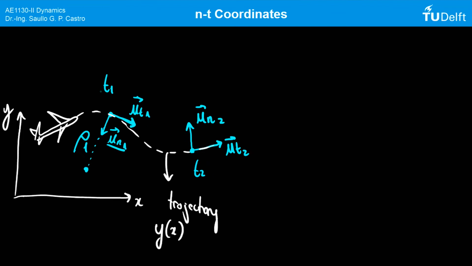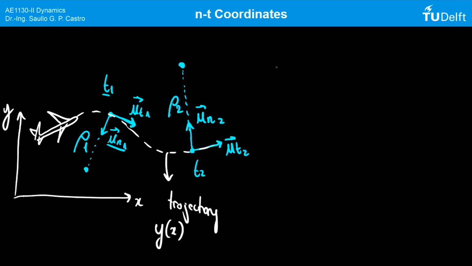So at instant t1 we have the coordinate system centered here, whereas at the instant t2 we have the coordinate system centered here, such that the radius of curvature now will look like this.